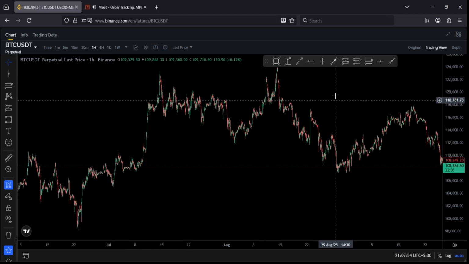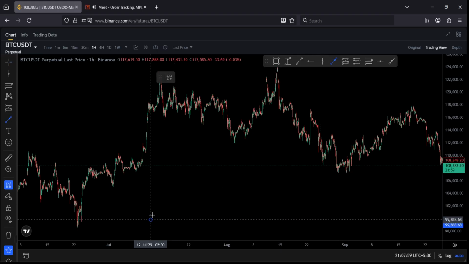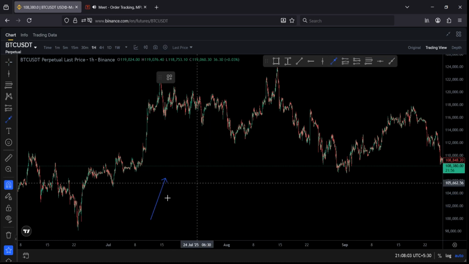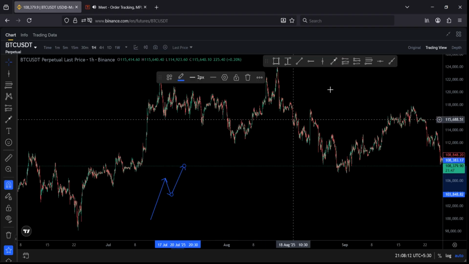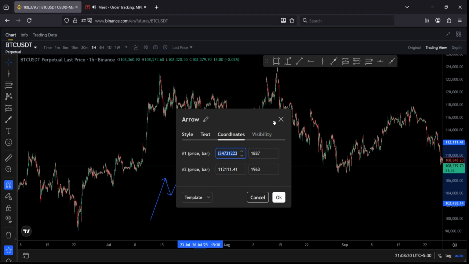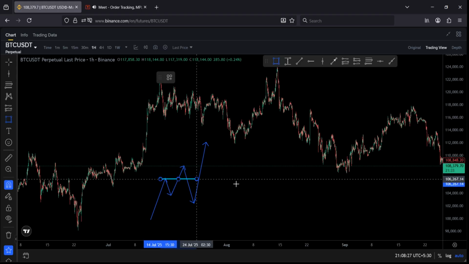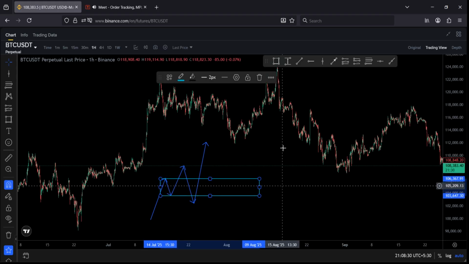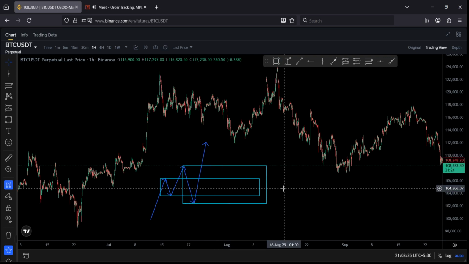Anyway, we look for a pattern like this, then like this, up, then come down, and then goes up again like this. What is this? This is our minor FTR. As we know, this is our minor FTR, and this one is our major FTR structure like this. Okay.